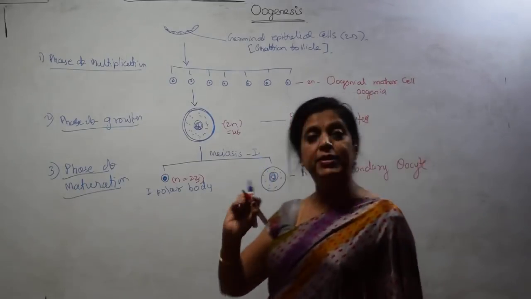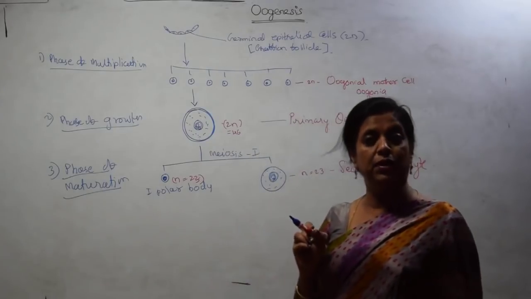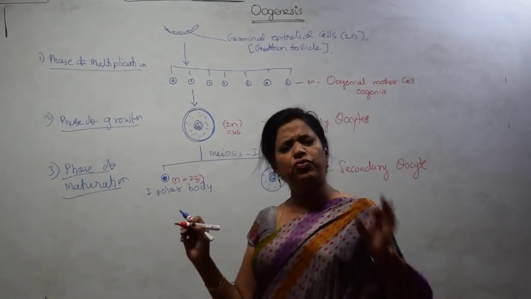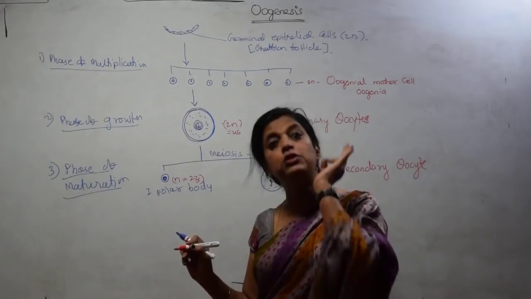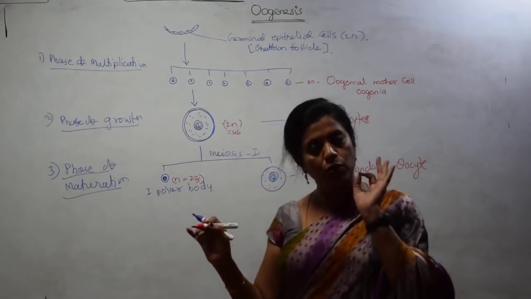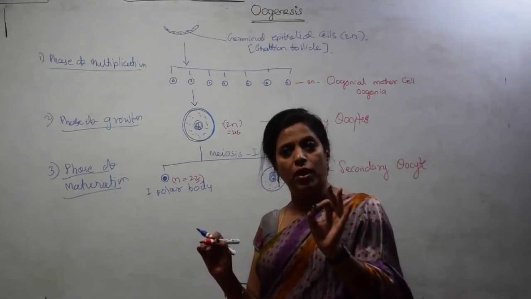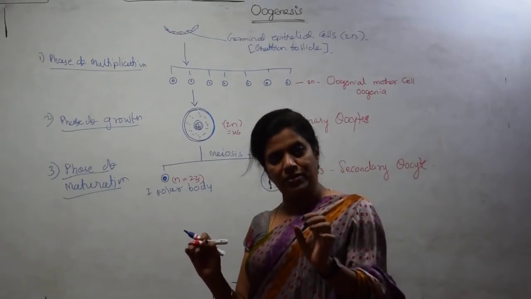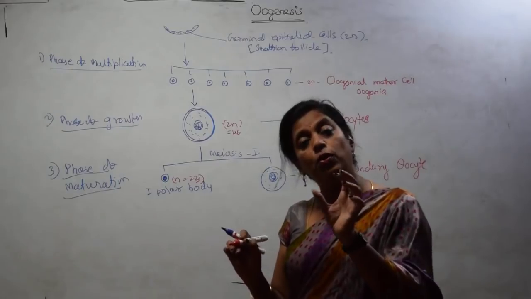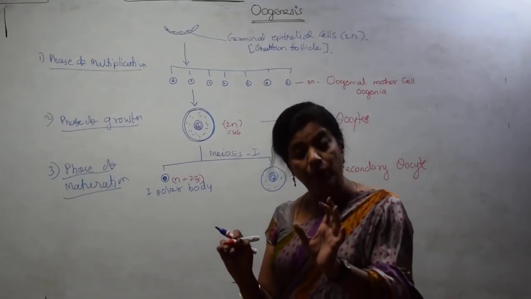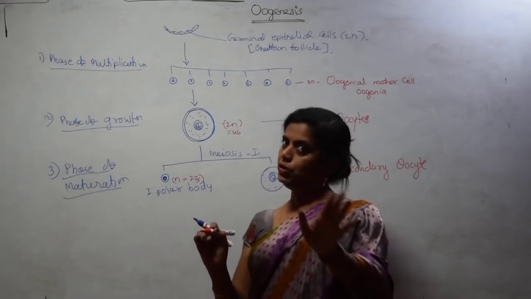So meiosis 1 itself is a reductional cell division. But what I told you, you have to remember without fail throughout the whole process. What is that? During meiosis 1 of oogenesis, the cytokinesis is unequal, whereas karyokinesis is reductional cell division.